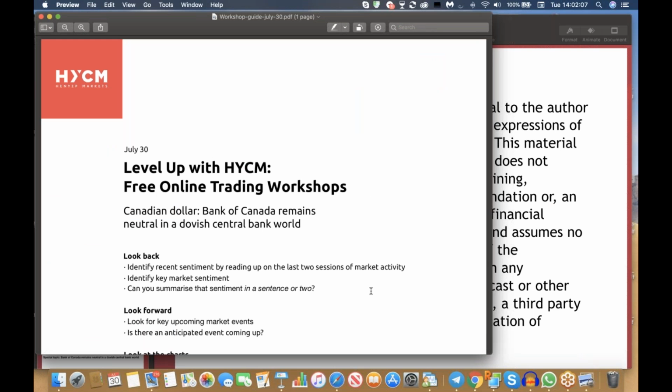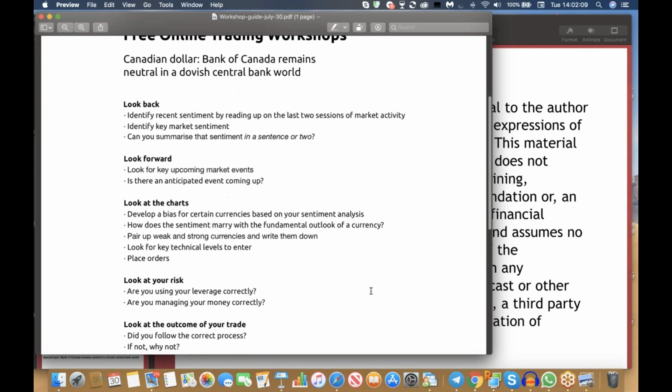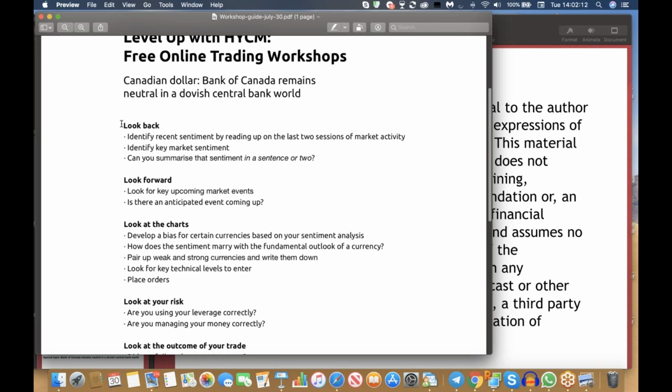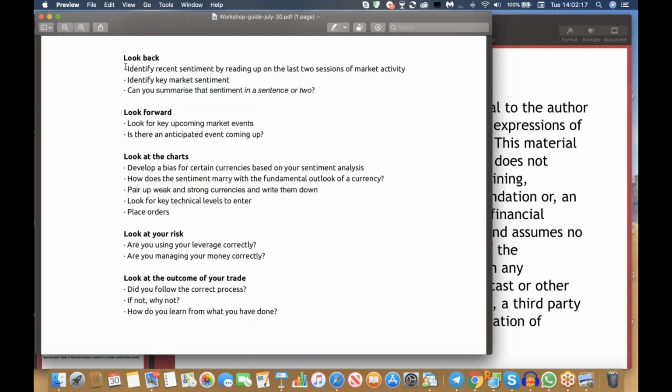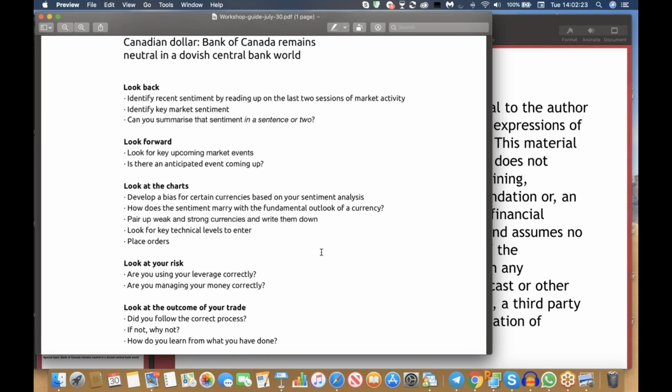If you click on it, you will get this handout, and I will be following through these five titles: looking back, looking forward, looking at the charts, looking at your risk, and looking at the outcome of your trade. You should be doing this every time you come to trade, whether you're an intraday trader or trading across days or weeks. Use exactly the same principle.